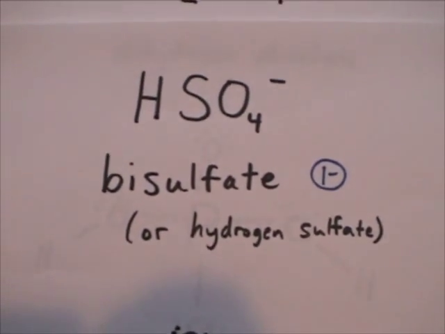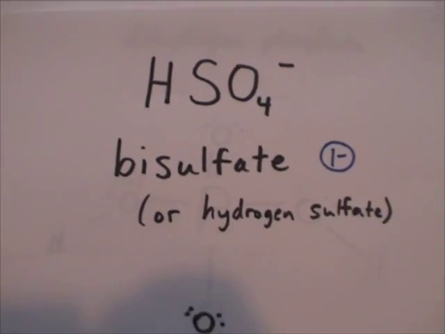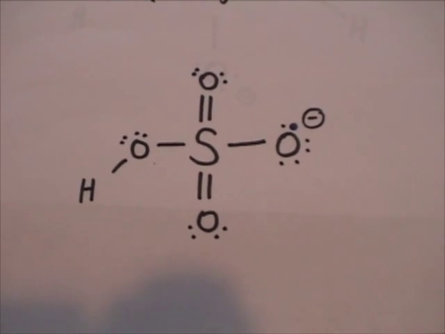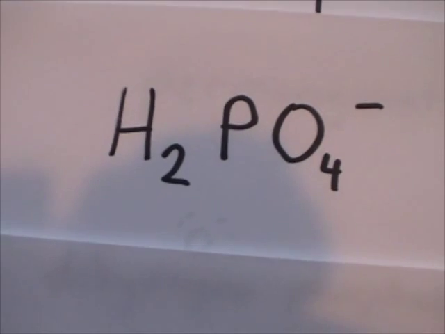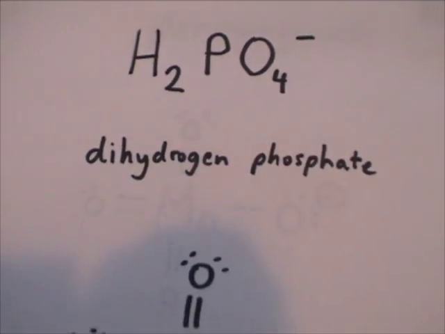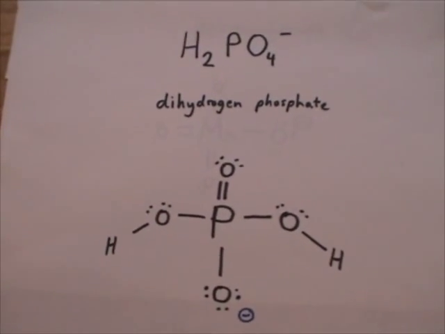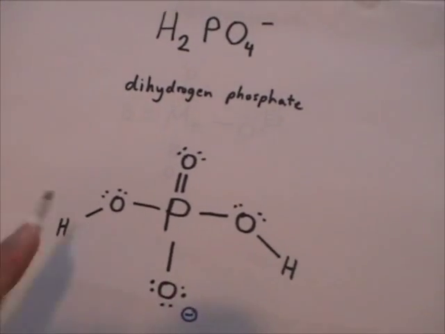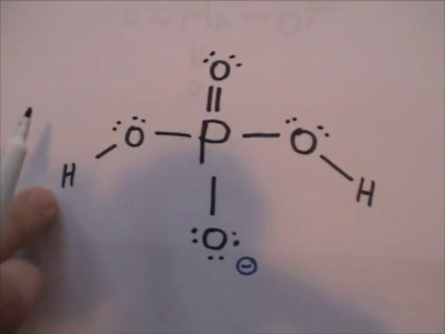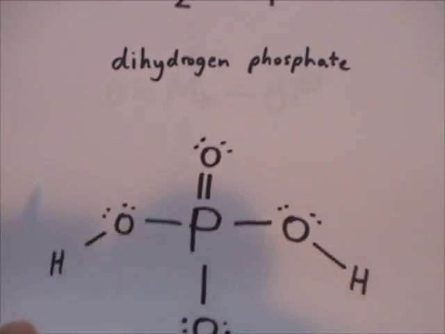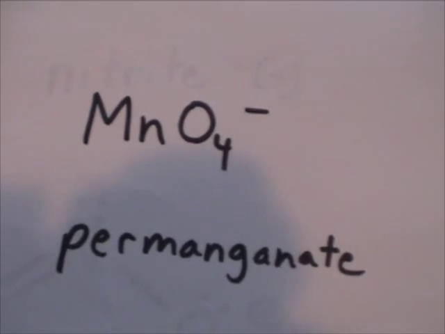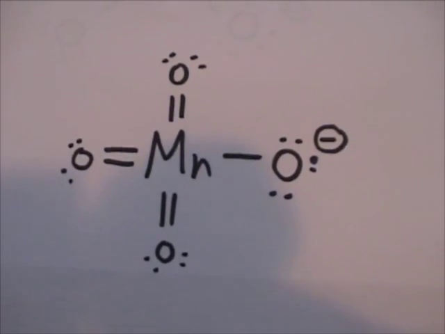Bisulfate or hydrogen sulfate, HSO4-, has a negative formal charge on one oxygen. H2PO4-, see if you can remember. Dihydrogen phosphate has one negative charge on one of the oxygens. H2PO4-. MnO4-, permanganate.